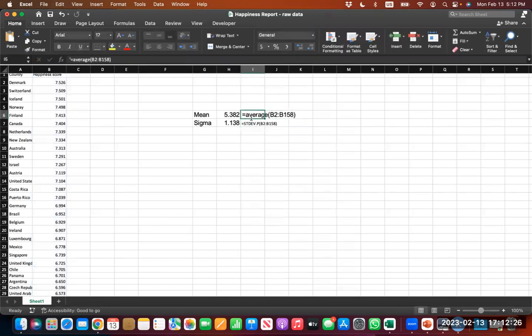So these are the two formulae that will allow you to quantify the mean and the standard deviation.